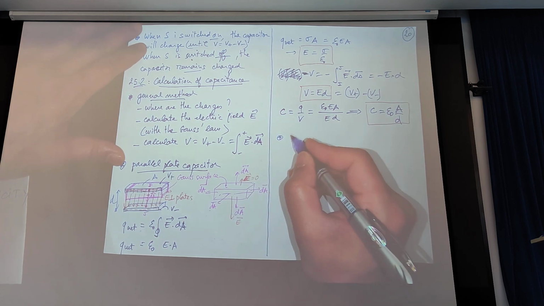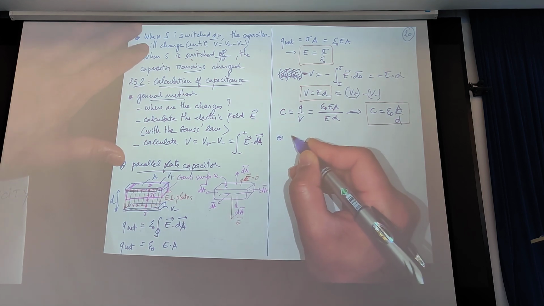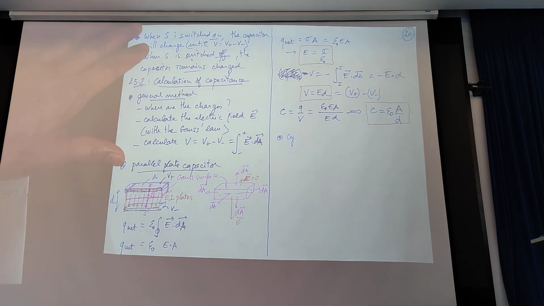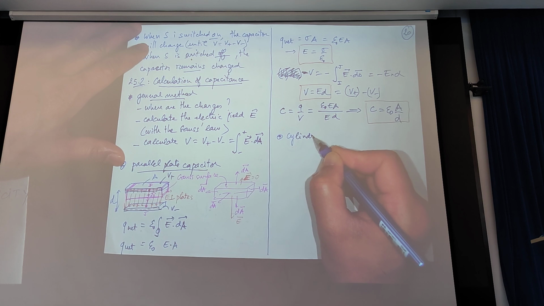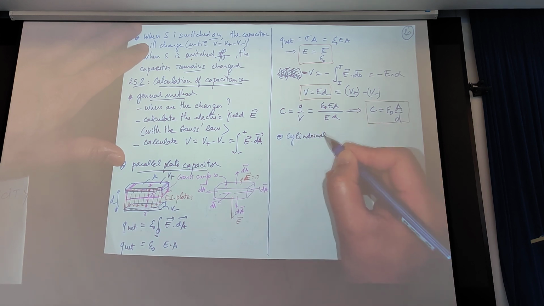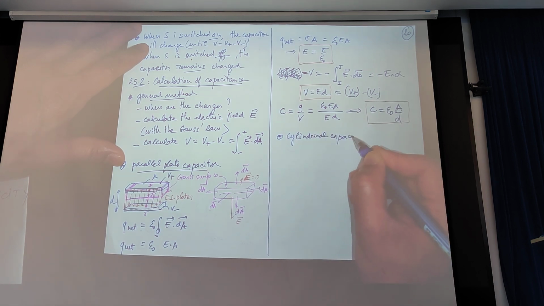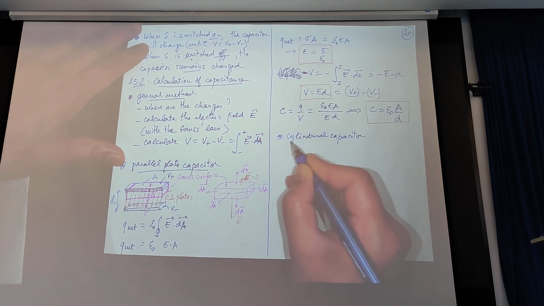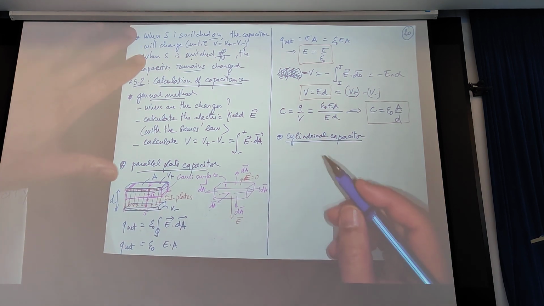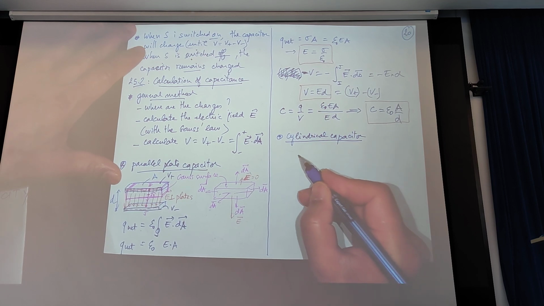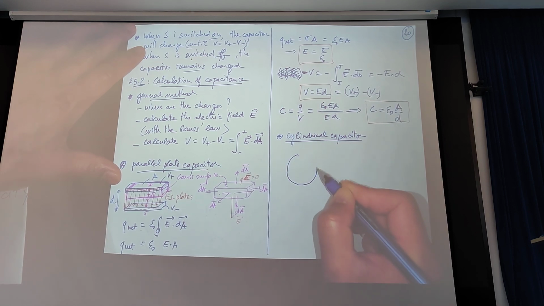let's calculate the capacitance of a cylindric capacitor. So, if we draw a cross section of the capacitor, we have this, okay?